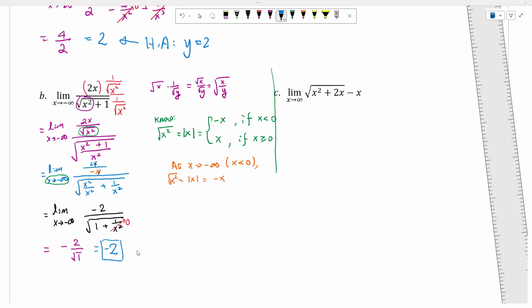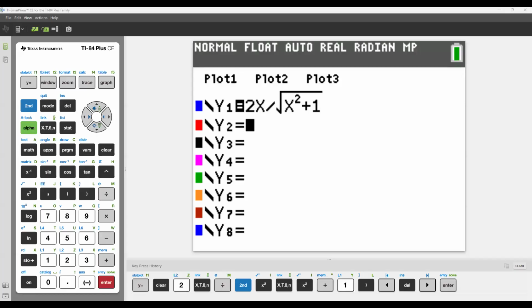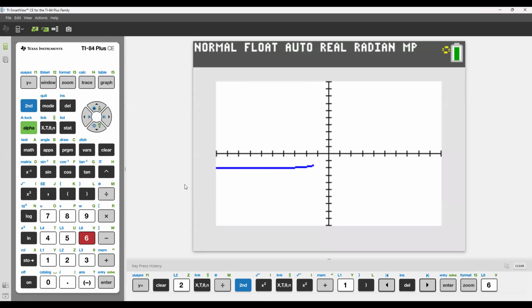Now let's check the result using our graphing calculator. I graph again. I input the function into my calculator, and then zoom number 6.